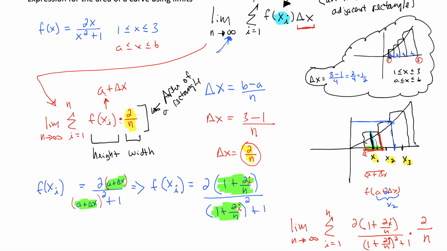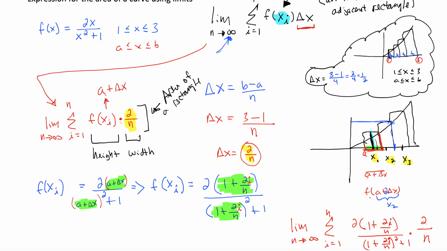And that's because this is f of x of I. So f of x sub 1 would just be literally, this I would be 1, right? And then it would just be on the top 2 times the quantity of 1 plus 2 times 1, which is 2 over n closed, over the quantity 1 plus 2 over n squared plus 1, times 2 over n.